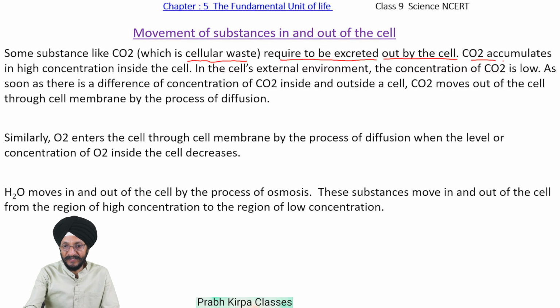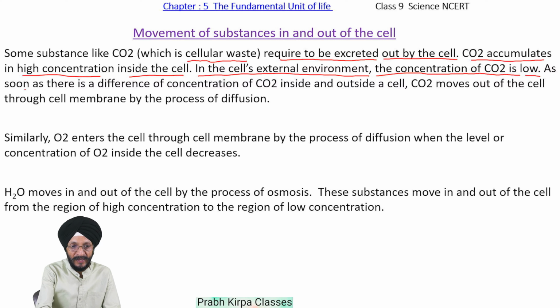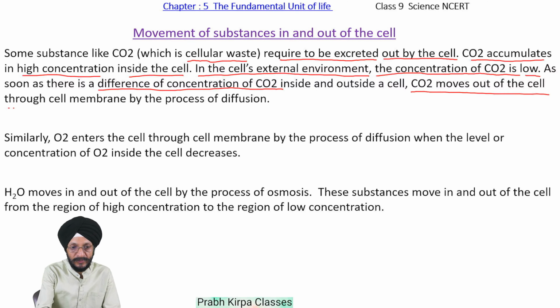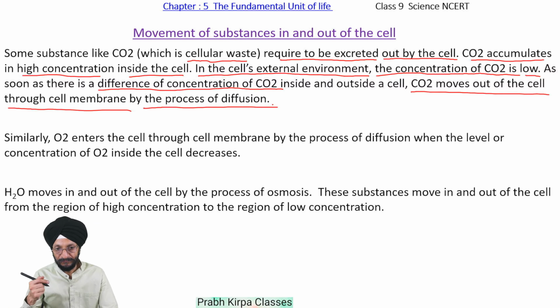So carbon dioxide accumulates in high concentration inside the cell. In the cell's external environment, the concentration of carbon dioxide is low. As soon as there is a difference of concentration of carbon dioxide inside and outside a cell, carbon dioxide moves out of the cell through the cell membrane by the process of diffusion.